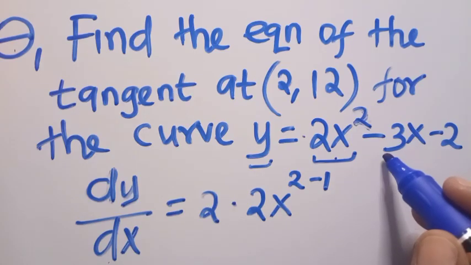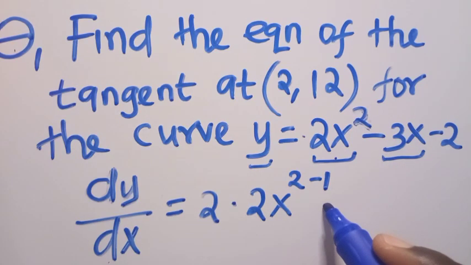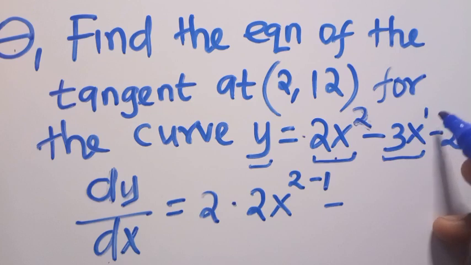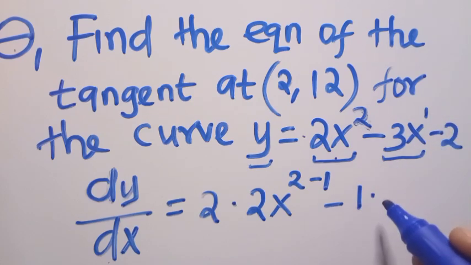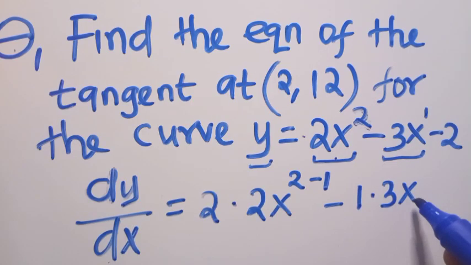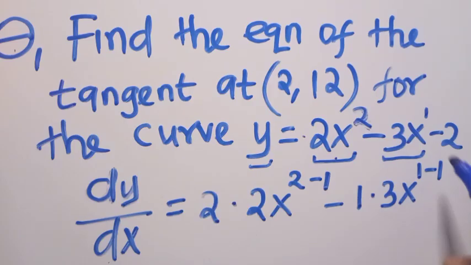Then if we differentiate negative 3x, it will be minus, the power of x here is 1. So we bring this power here, then we reduce the power by 1. It will be 1 times 3x raised to 1 minus 1. Now, if we differentiate negative 2, because negative 2 is a constant, it will be 0.